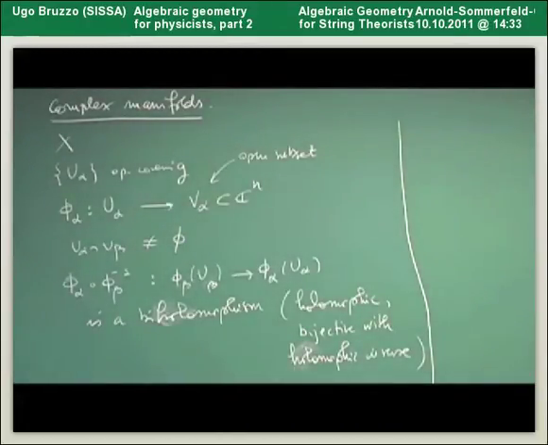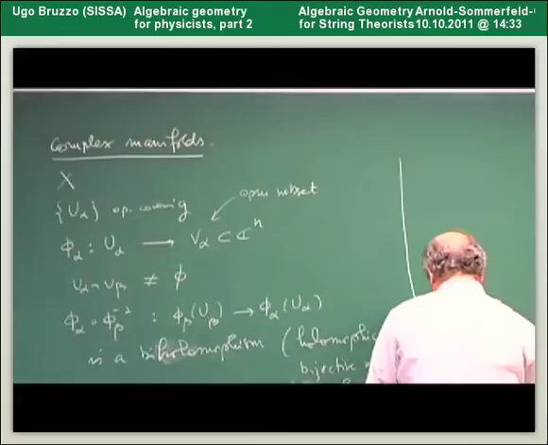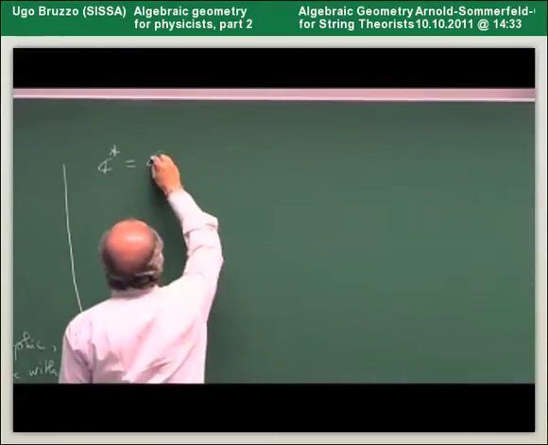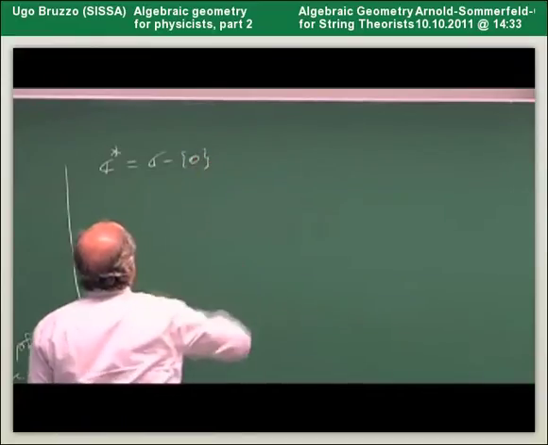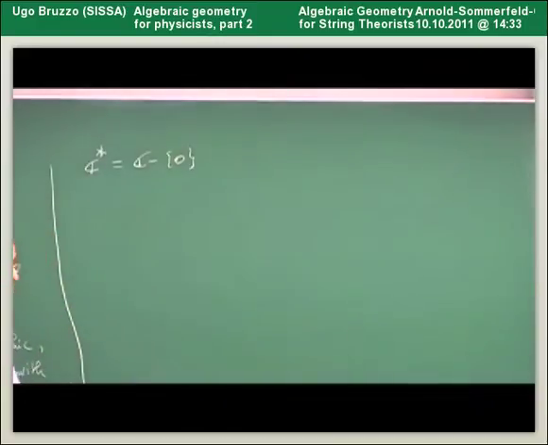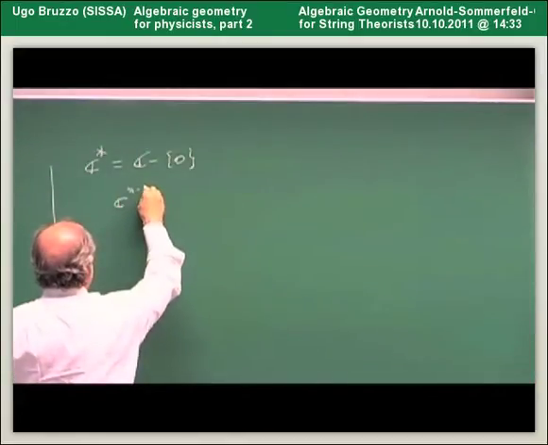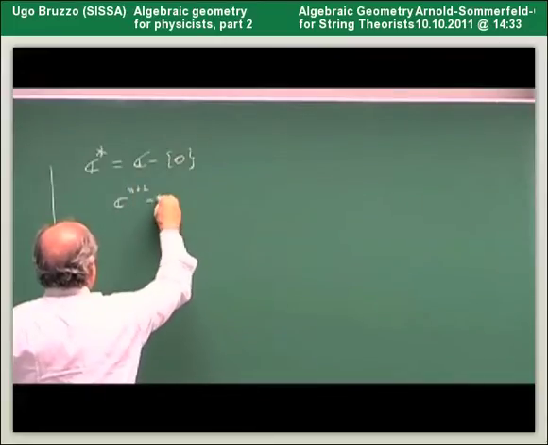The easiest non-trivial example is perhaps the projective space. So let me first introduce this notation. We call C* the non-zero complex numbers, and this, of course, as we were saying this morning, is an abelian group under multiplication. Then we consider, for some value of n, the space C^(n+1) deprived of the origin.